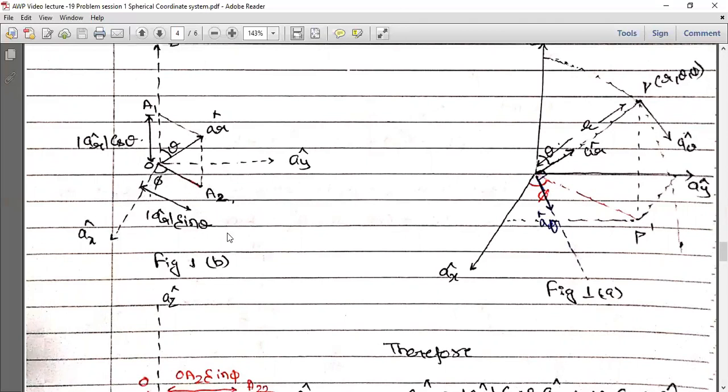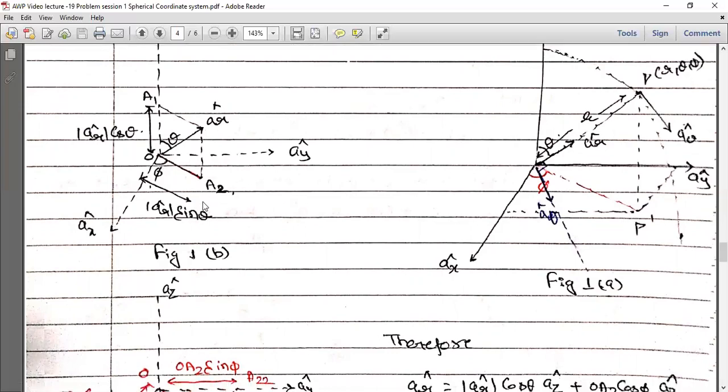This is the direction in which we found OP dash. If you have the line segment OP and its projection on the xy plane as OP dash, and AR cap is along OP, then its projection in the xy plane will be along the OP dash direction. So OA2 will be along OP dash, and that's why the angle between OA2 and the x-axis will be the same as the angle between OP dash and the x-axis. So this angle is phi.